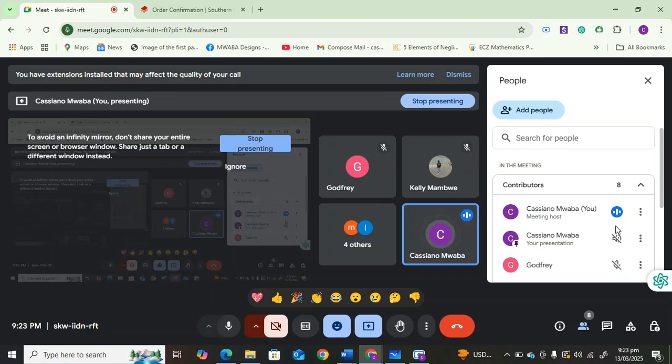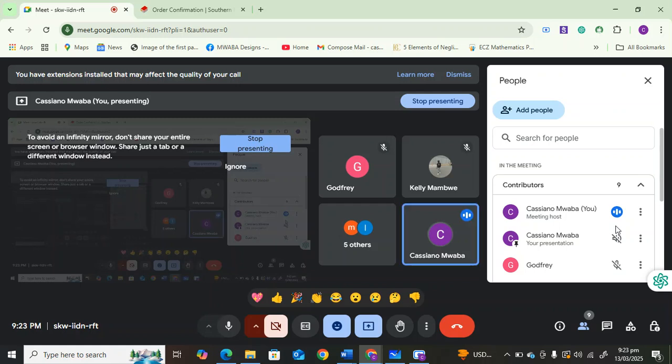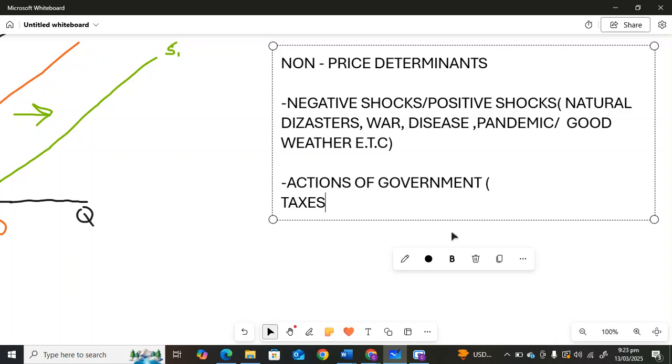Apart from taxes, colleagues, what other action of government do you think can affect productivity in terms of supply? Yes, price, correct. A price ceiling is the one which benefits the customers, and then the suppliers get affected because the price is too low. Yes, price ceilings, you're correct, sir.